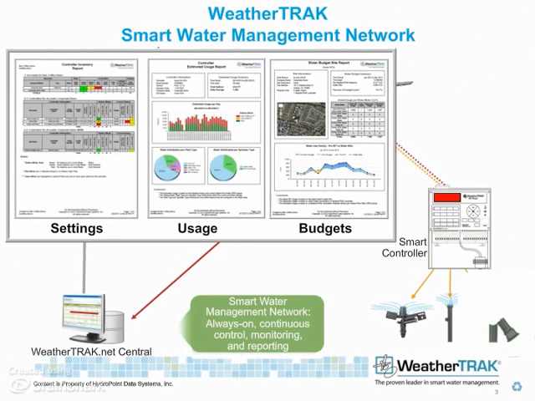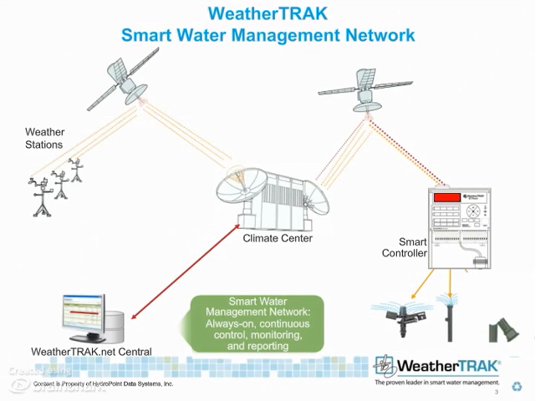These reports make it simple to see and discuss any number of possible water management issues that may arise on a site. Because the WeatherTrack Central features are always online, that allows us as water managers the ability to use up-to-the-minute information to control, monitor, and report what is happening with our irrigation systems at any time, day or night.